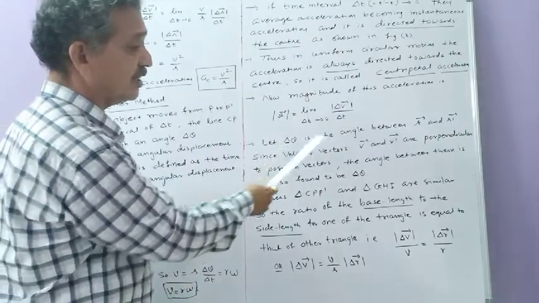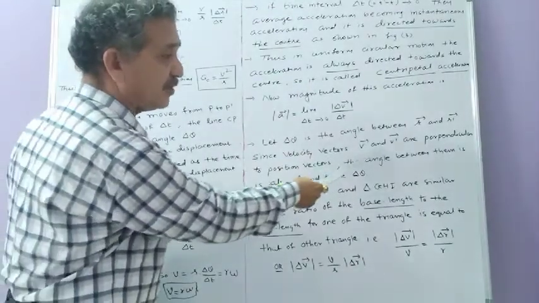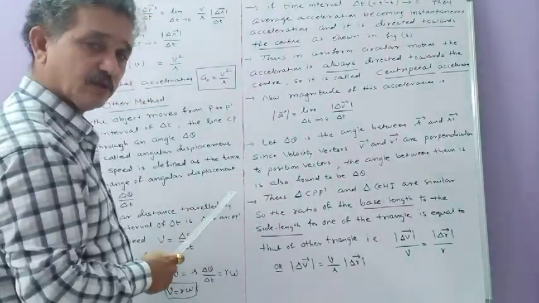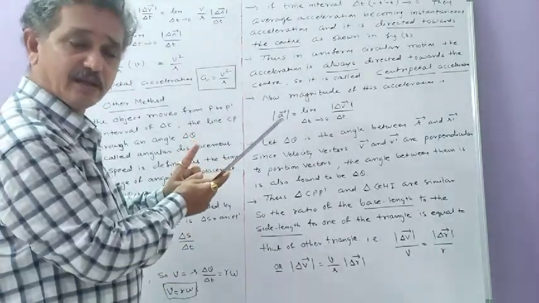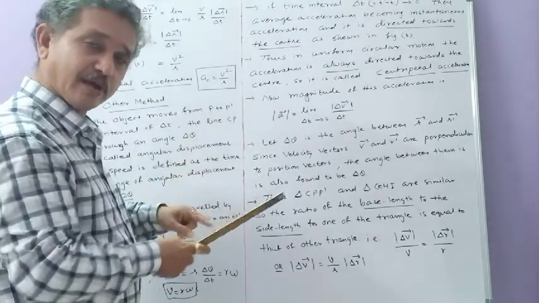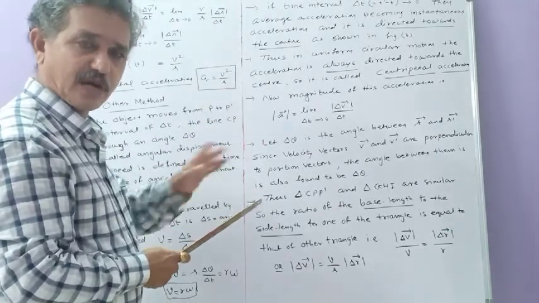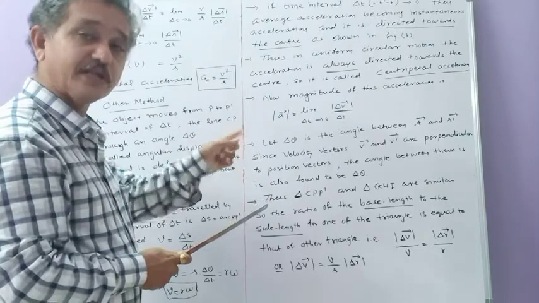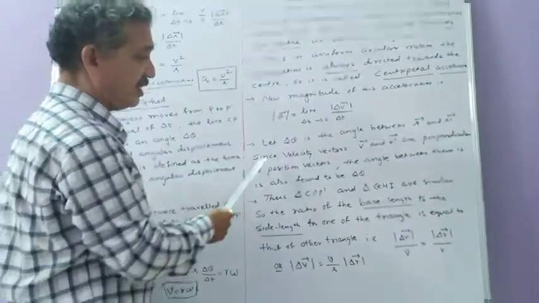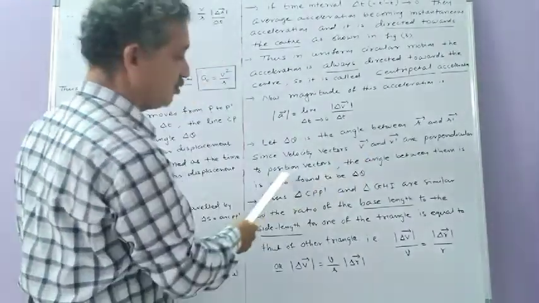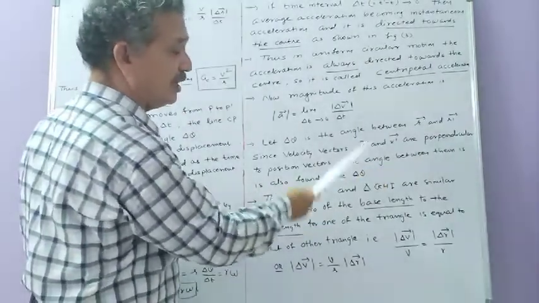So if delta theta is the angle between vector r and vector r dash, since velocity vectors v and v dash are perpendicular to position vectors, the angle between the two radii, the two position vectors, is the same angle you will get between the two velocities. That means where you drew the tangents, it will be the angle between the two tangents as well. So if delta theta is the angle between vector r and vector r dash, and velocity vectors v and v dash are perpendicular to the position vectors, then the angle between them is also found to be delta theta.